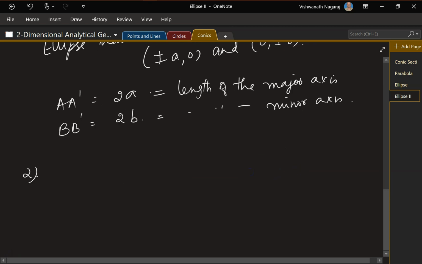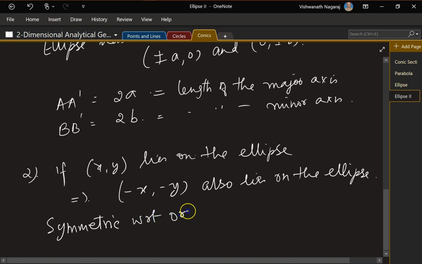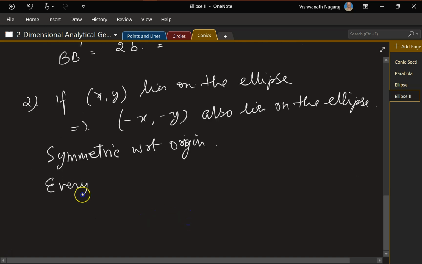Now if (x, y) lies on the ellipse, it also implies, in case of an ellipse, that (-x, -y) also lies on the ellipse. That means it is symmetric with respect to origin, and every chord is bisected at origin.